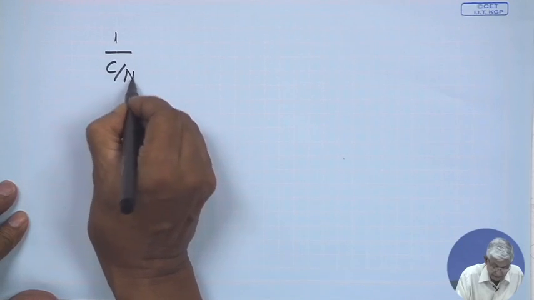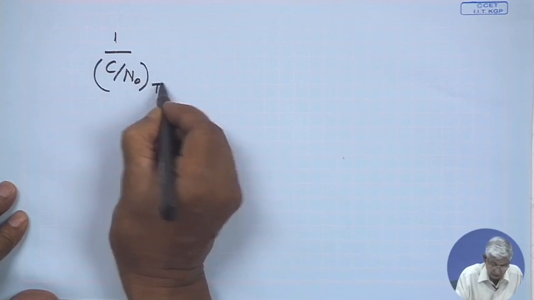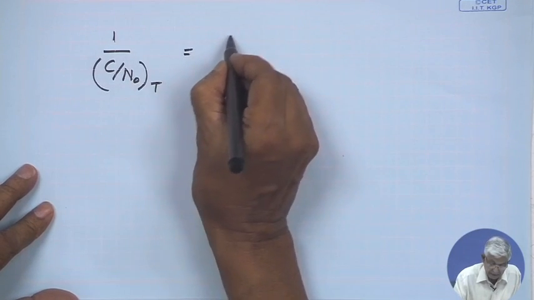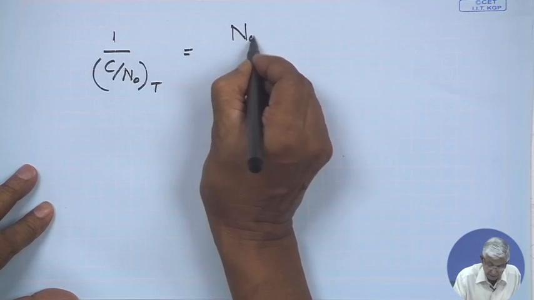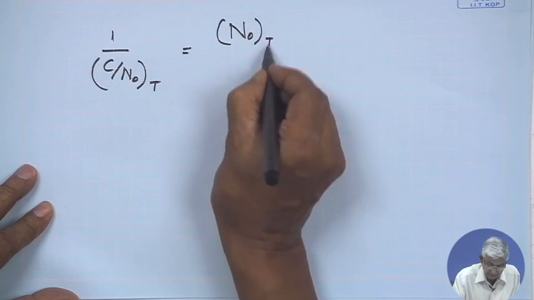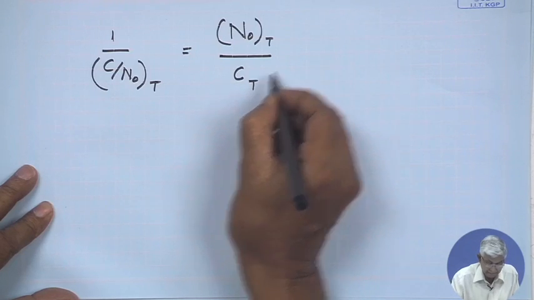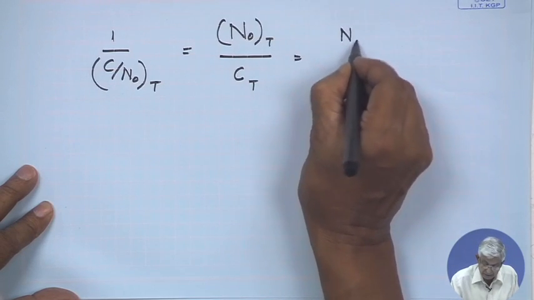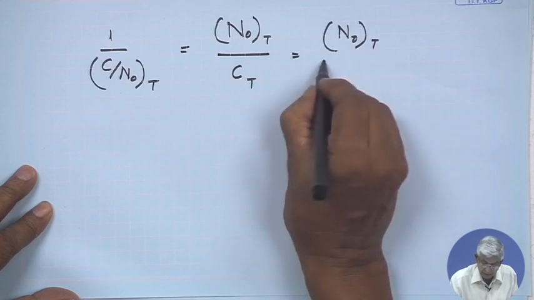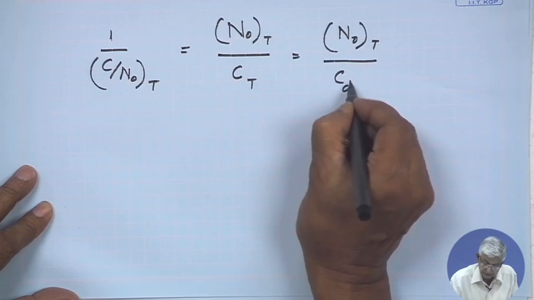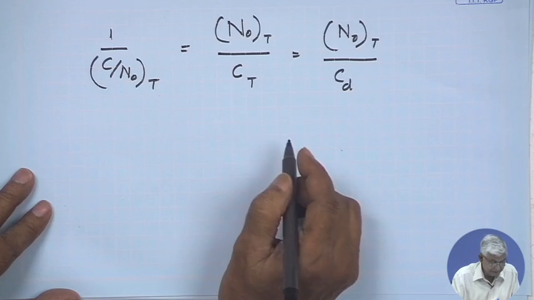So, let us see the resultant. If we try to write 1 by C by N0 total, I can write it a different way: N0 total by C total, which is N0 total by C downlink, because what the downlink is seeing is the total.